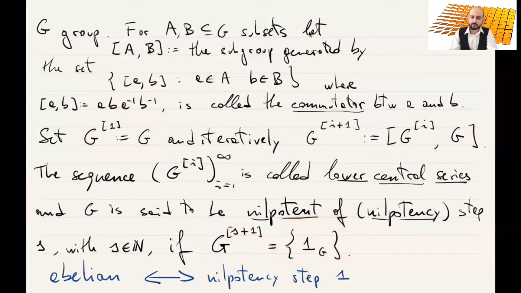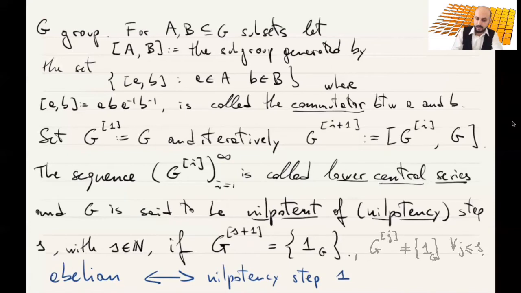Okay, so this is what a nilpotent group is. Of course, what I wrote is the definition of having nilpotency step less than or equal to S. To really define step equal to S, one should require that all the previous elements in the lower central series are different from the trivial group.